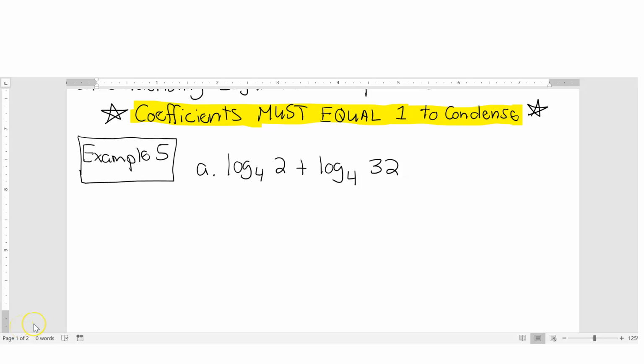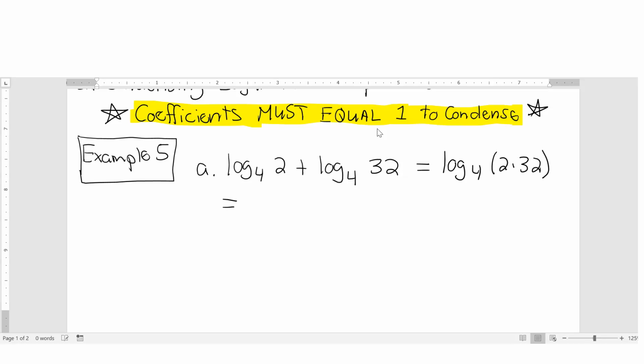Example 5 on page 497 of your textbook has us condense this logarithmic expression, log to the base 4 of 2 plus log to the base 4 of 32. Now, this is sort of a simpler form of this problem, but notice the coefficients of the log expression are equal to 1. So we can now immediately condense. So this would be log to the base 4 of 2 times 32.